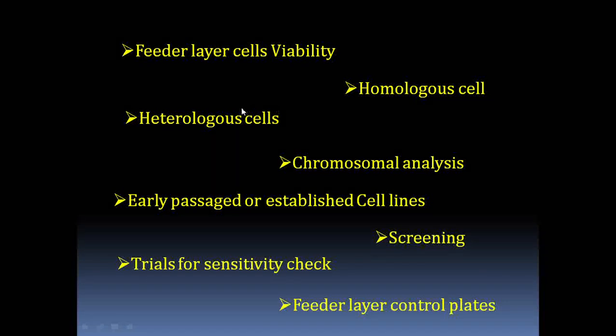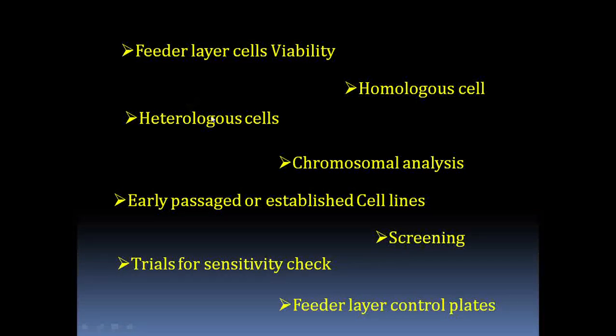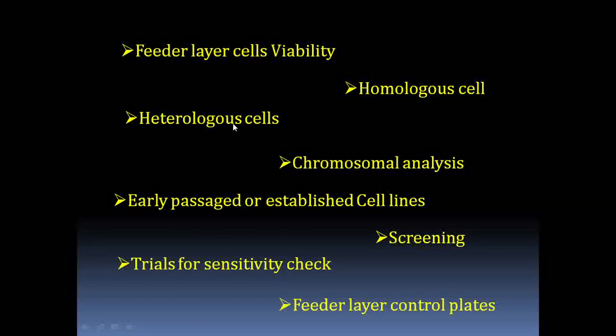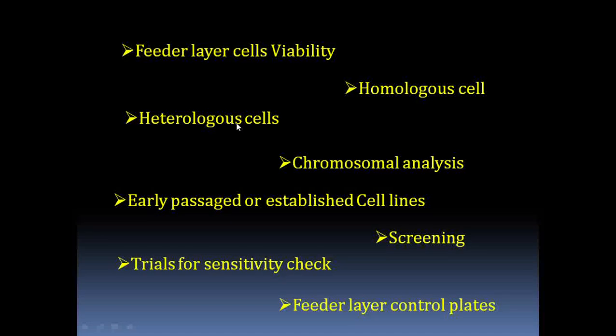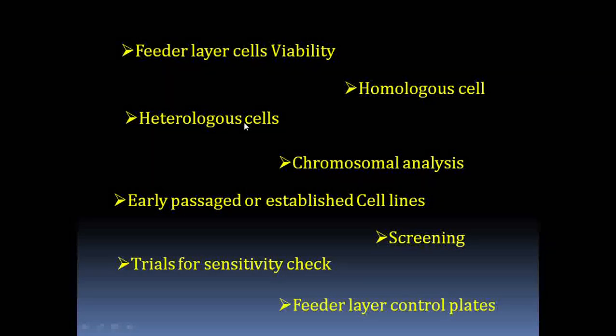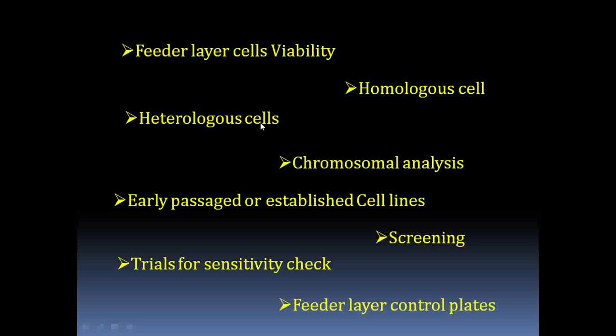But if you have a heterologous cell, it is a great advantage, because it adds a new nutrient that is not found for the cloning cell. So heterologous is found to be more advantageous over a homologous cell.